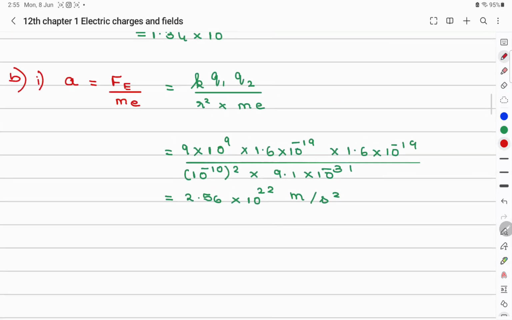So it's like that we need to find out for the proton.